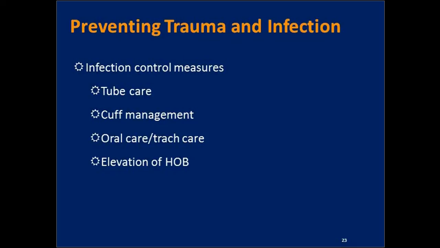Being mechanically ventilated is a very stressful thing. Again, the body's natural process is a negative pressure environment, but we're providing positive pressure, which is not normal, so it's stressful. And so over time, a patient who's intubated and mechanically ventilated can actually develop gastric ulcers because of the stress of being intubated and ventilated.